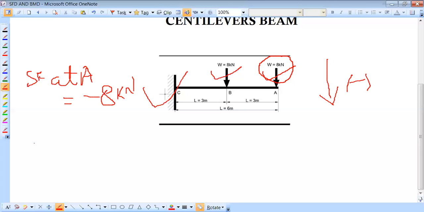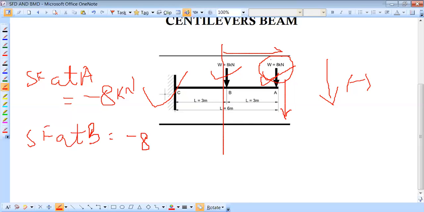Again, SF at B is equal to how much? Minus 8 kilonewtons is downward due to the force at point A. This force we also consider, because if we take a section here, then all the forces from the right-hand side of the section have to be taken into consideration.